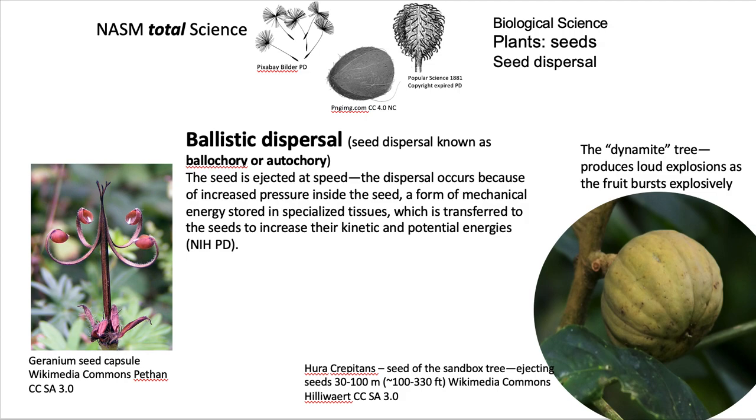And there's one on the right here, the pod of the dynamite tree, with a very loud explosion as the fruit bursts, and the seed can be dispersed at 30 to 100 meters.